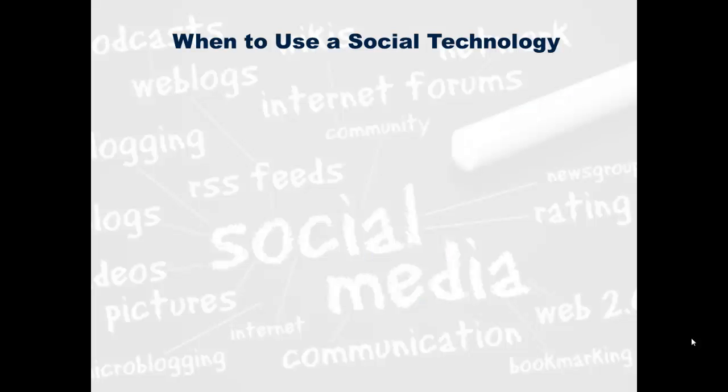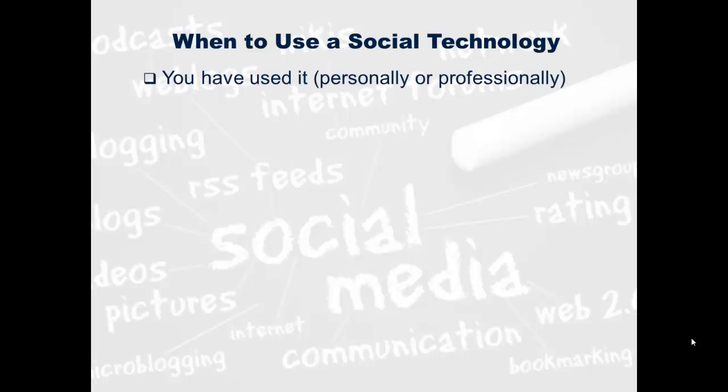So before we get into those specific technologies in our separate lectures, let's talk a little bit about when to use a social technology and when not to use a social technology. Now, these ideas are collected from teachers all around the world having experimented with social technologies and seen successes and, unfortunately, some failures. So first and foremost, you should only be using a social technology when you yourself have used it.